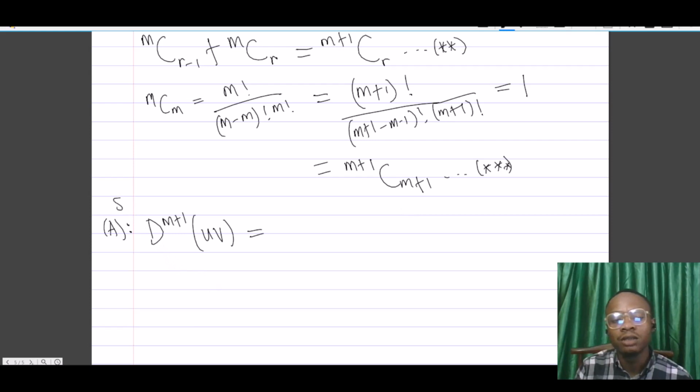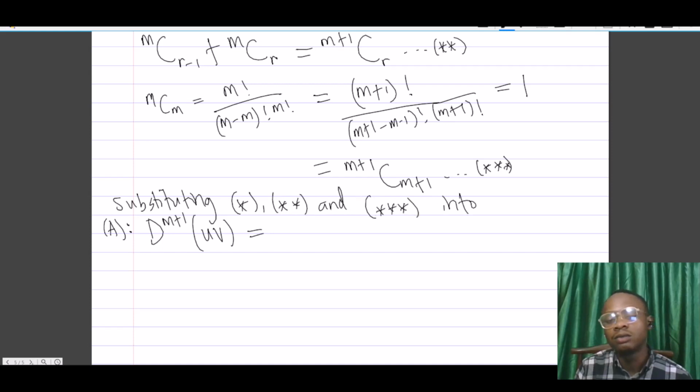What we're doing is substituting the observations in star, star, star into equation A. So into this equation A, it will give us this expression.